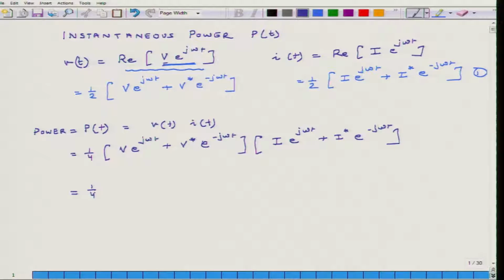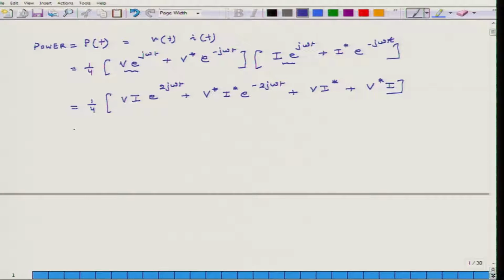I get 1/4 of V I e^(2 j omega t), and when I multiply the two complex conjugate entities, I get V star I star e^(minus 2 j omega t), and then when I multiply V e^(j omega t) with I star e^(minus j omega t), I get V I star, and then I get a fourth term V star I.